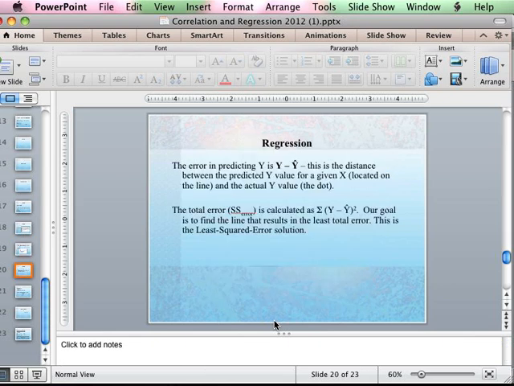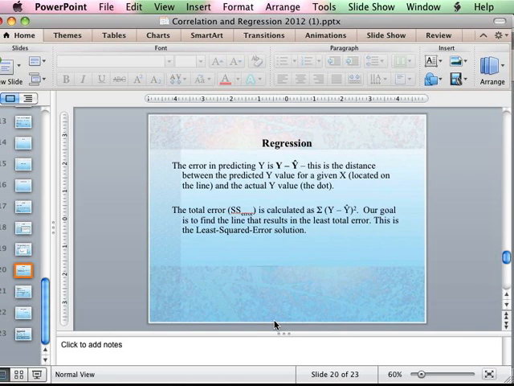And when I represent my errors, my sum of squares of errors, I'm basically just looking at the difference between my y's and my predicted y's. The y hat is going to be my predicted y. Y is my actual y value. And my total sum of squares of error is basically the sum of all those squared errors: y minus predicted y, squared, added up for every single person.